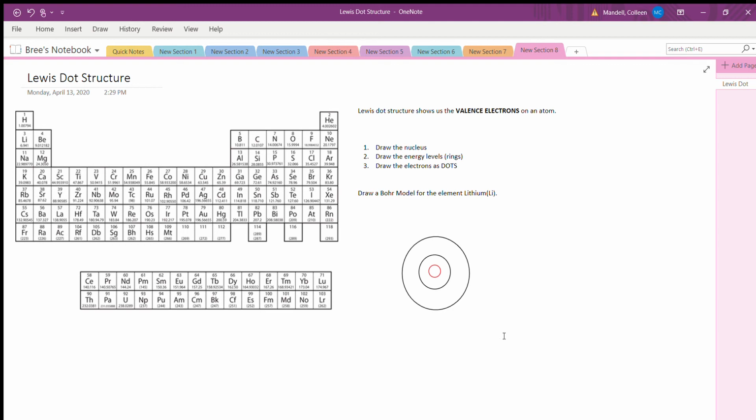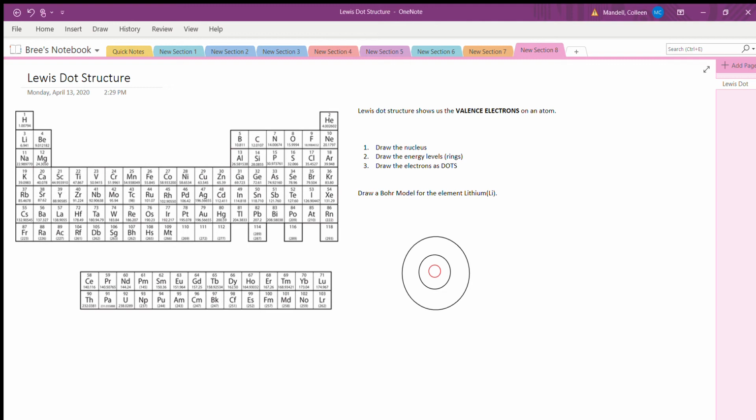Now I need to draw the electrons as dots. I'll use a pen, a little thicker. We're going to add our electrons.